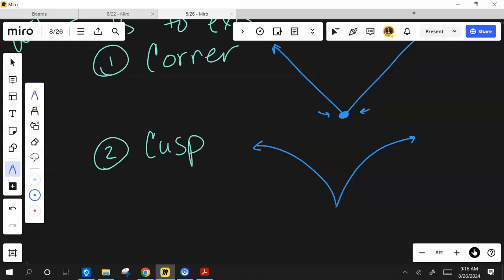It's not a corner because it kind of eases into that value, but it does come in and approach negative infinity or positive infinity there as I come in. It looks very similar, but corners and cusps are not the same. This is what the graph of x to the 2/3 looks like. This is what the graph of something like absolute value of x looks like.